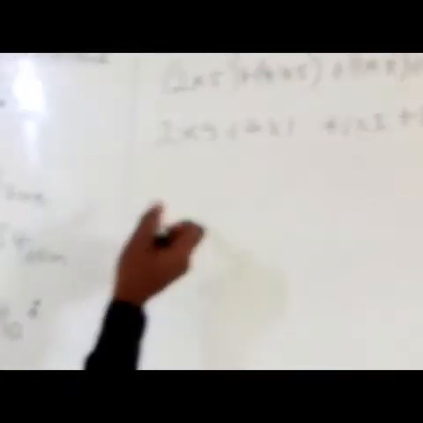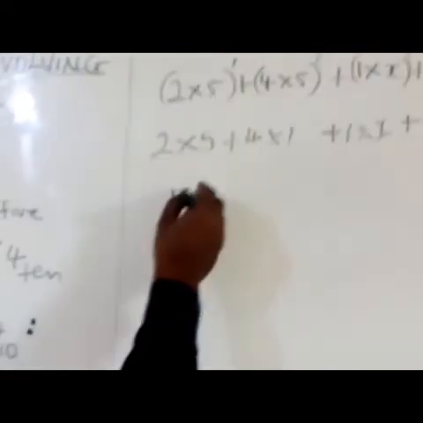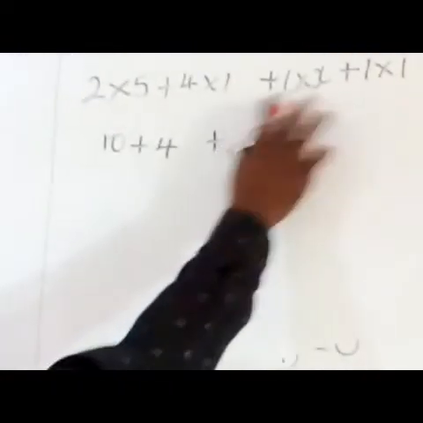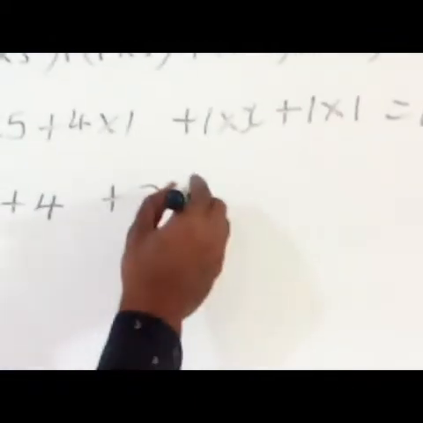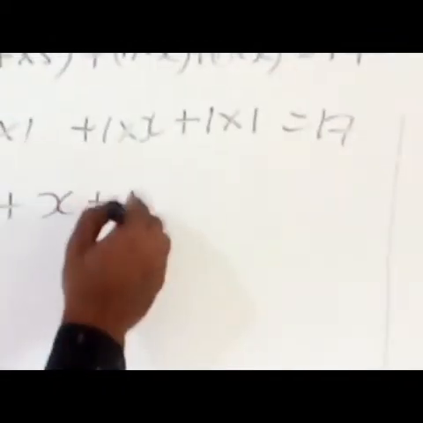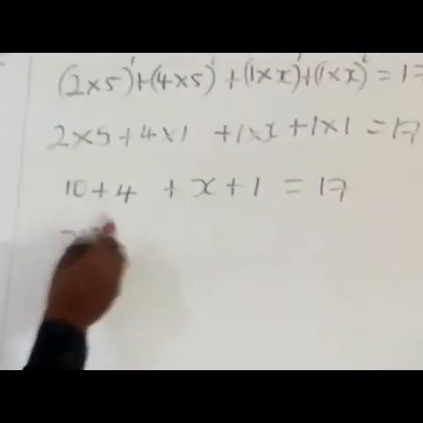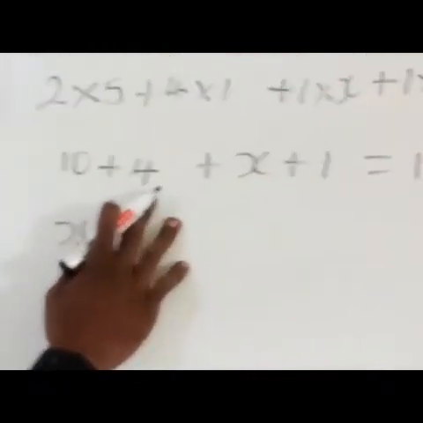So what are we to do here? We do our multiplication of this. We get what? 10 plus 4. We take 1 times x is x. Plus 1 times 1 is 1, is equal to 17. So we collect our like terms and of course we take x first. x plus 10 plus 4 gives us 14.